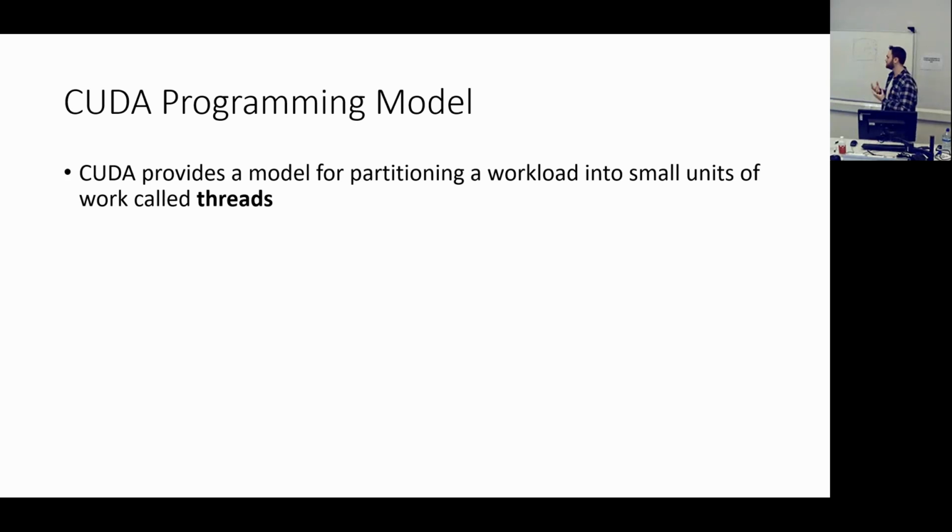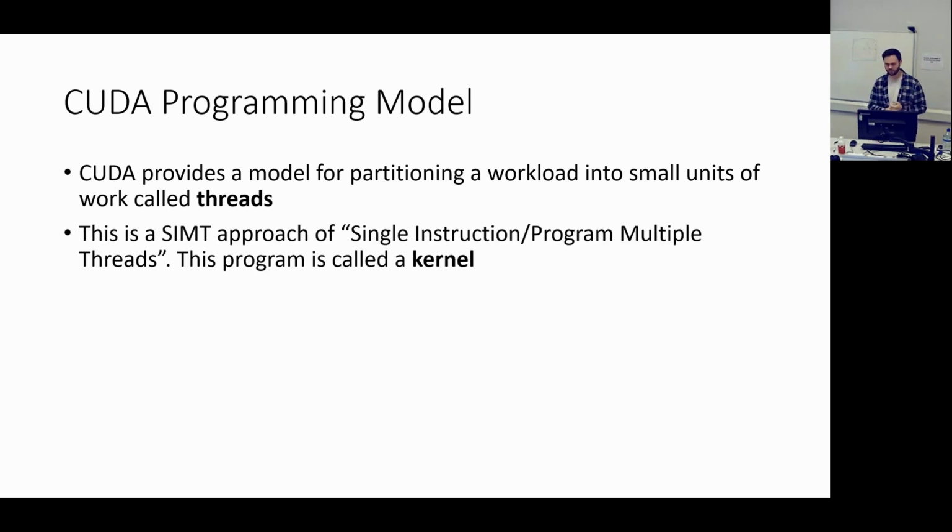It gives you an abstract way of breaking a problem into smaller workloads, so partitioning some overall goal into smaller segments. And just like on the CPU, they call these threads as well. This approach, they call it SIMT, so single instruction, multiple threads. But the instruction or the program that each thread runs is called a kernel.